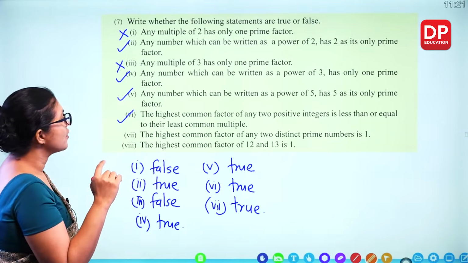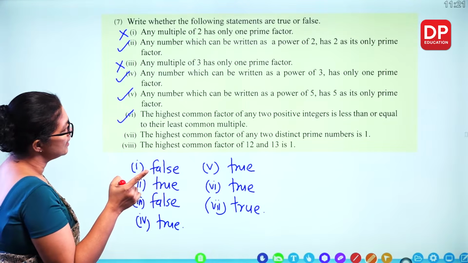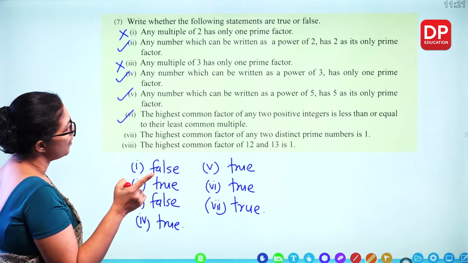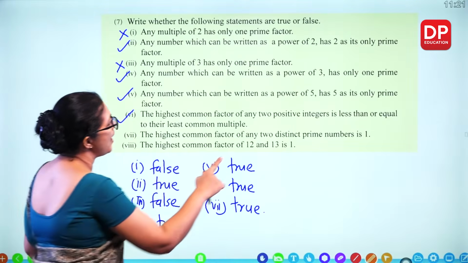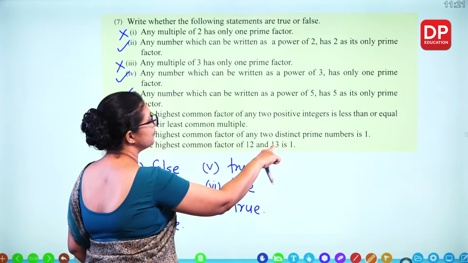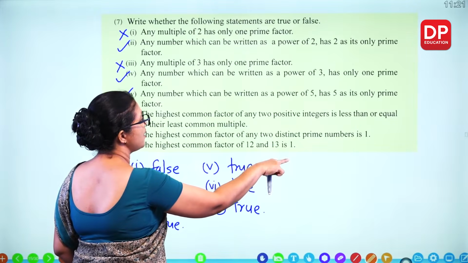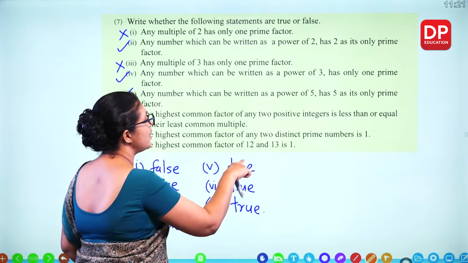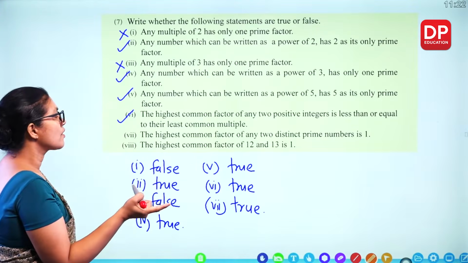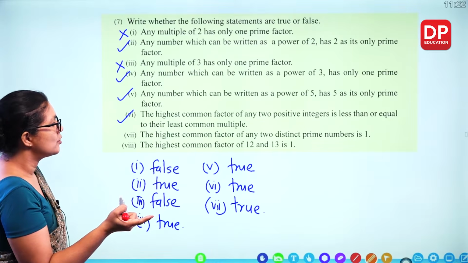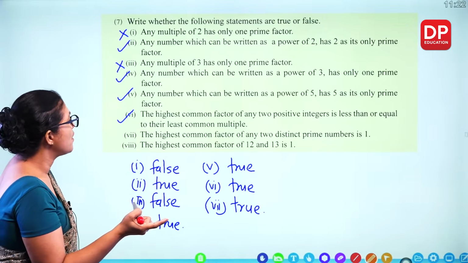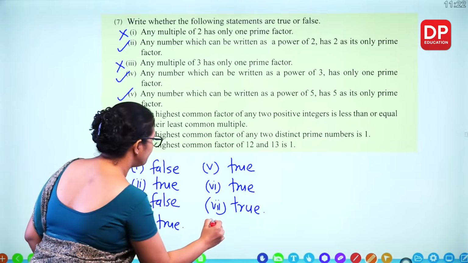The highest common factor of 12 and 13 is 1. 13 is a prime number. So 13 times 1, and 1 times 12. So 1 is the highest common factor. That's true.